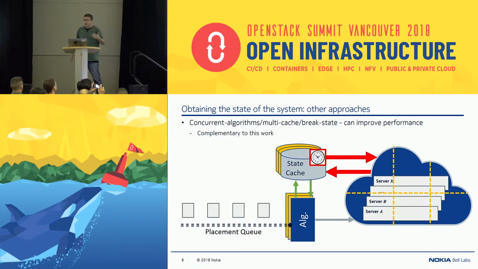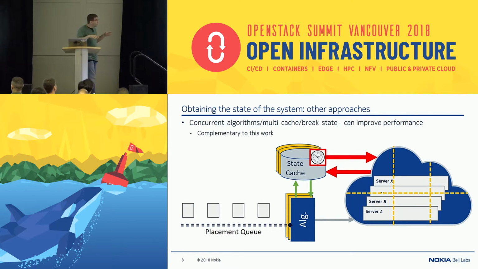So I should also say that there are many attempts, many variants of attempts, to scale this approach, whether it is concurrent algorithms, breakdown of the cache, multi-cache, or breakdown of the state into several tiny OpenStacks.